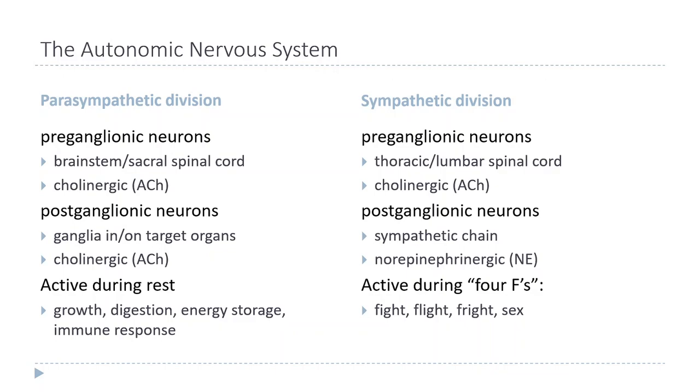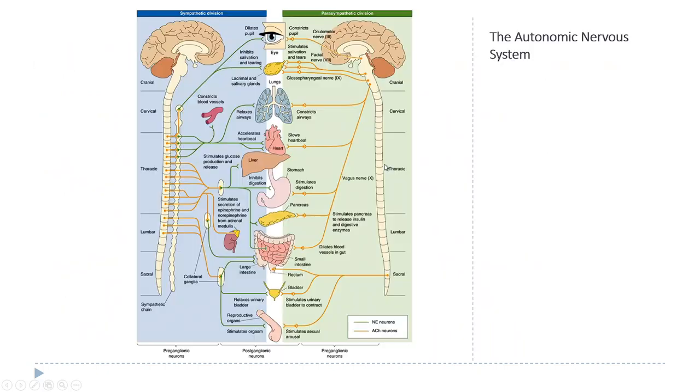So anytime the body needs to very quickly mobilize energy reserves, shut down things that aren't necessary for the short term, such as digestion and growth, and increase oxygen levels, increase activity of the sensory systems, and so on. All of those are activated by the sympathetic division.